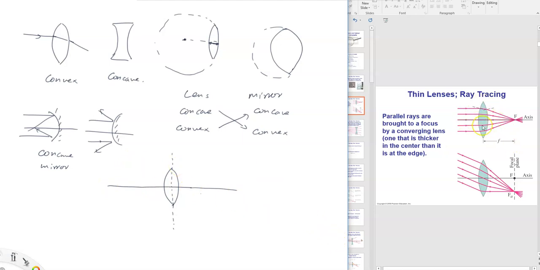In the diagram you can see the light that comes parallel to the principal axis converge, they bend, they refract, and go through one point, which is called the focal point. If light is coming from this side, we usually mark the focal point on the other side.